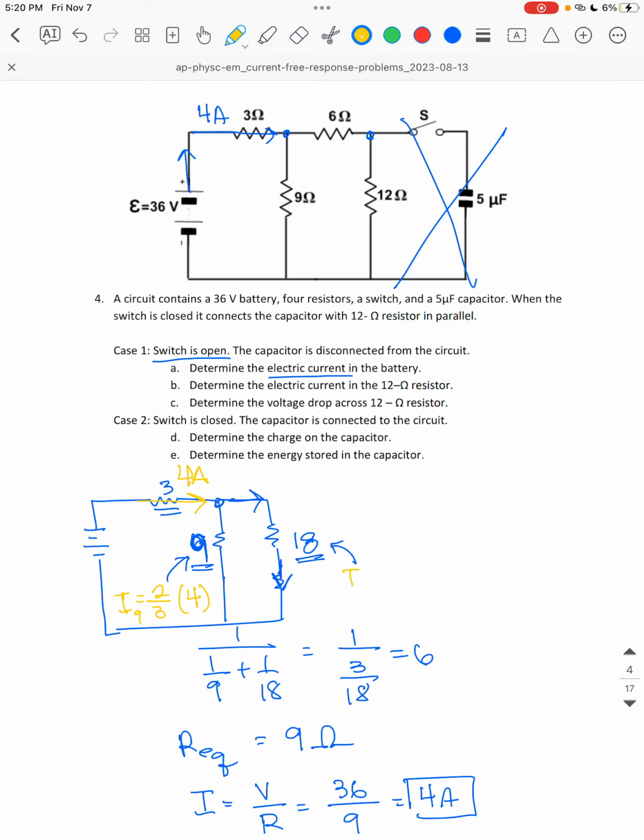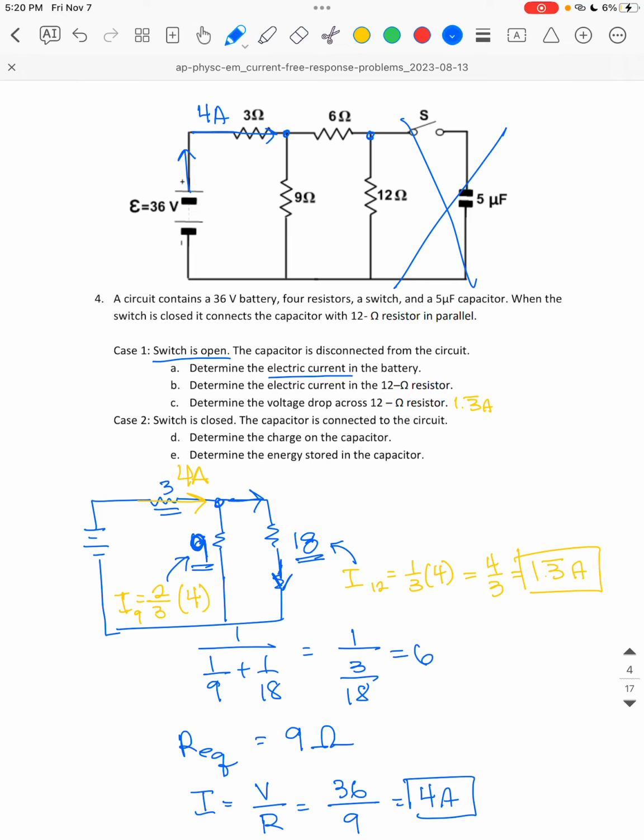And then if I wanted the current through 12, I would take 1/3 of the total, and that would be my answer for B. So this is 4/3 or 1.33 repeated for part B. So I've answered part B here. That's 1.3 amps or 4/3.